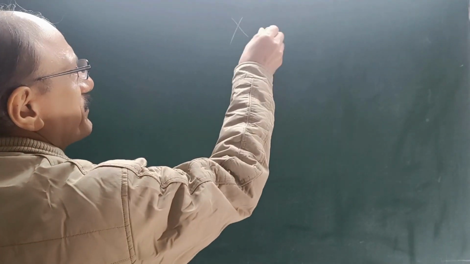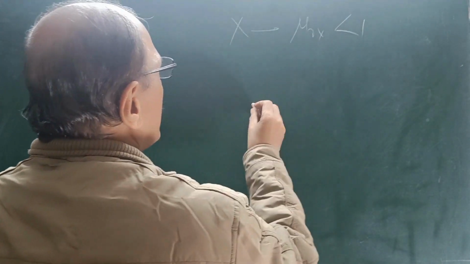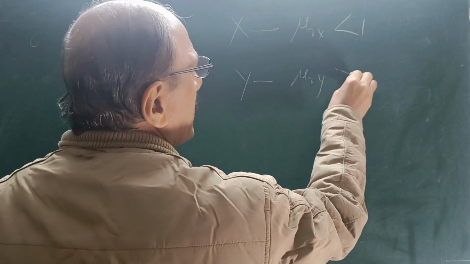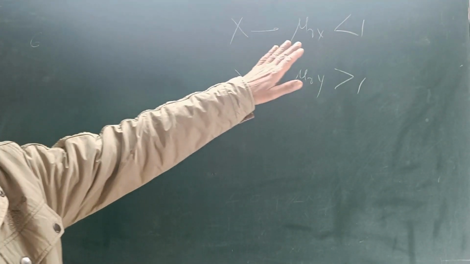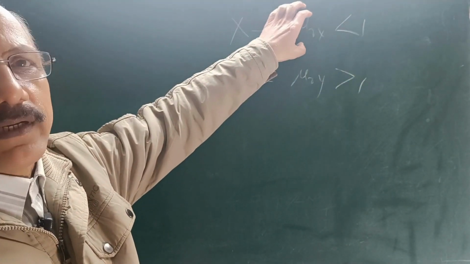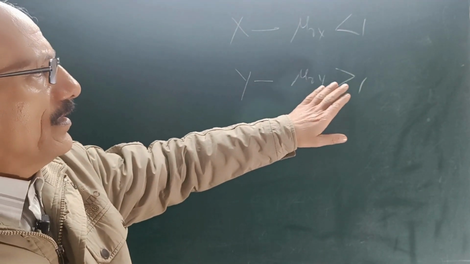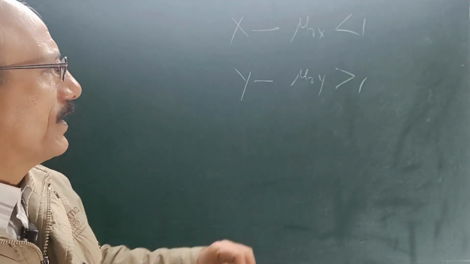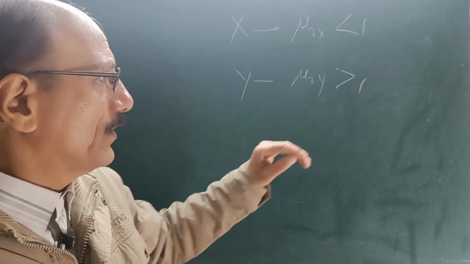Here we have substance X with relative permeability less than 1 and substance Y with relative permeability slightly greater than 1. We know that diamagnetic materials have relative permeability less than 1 and negative susceptibility. Paramagnetic substances have relative permeability slightly more than 1 and positive susceptibility, and ferromagnetic substances have relative permeability more than 1 with a large value.